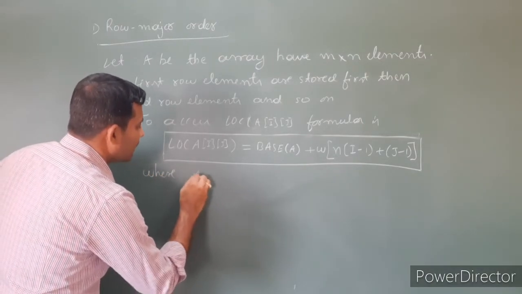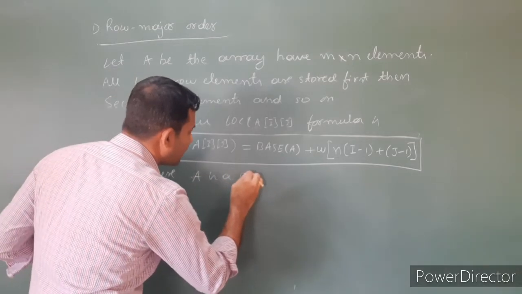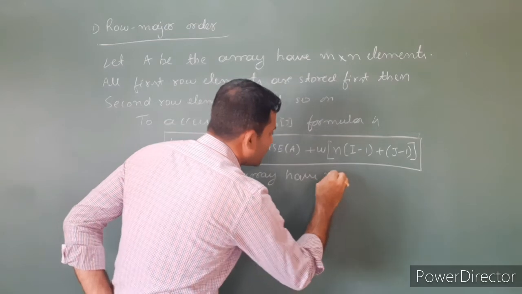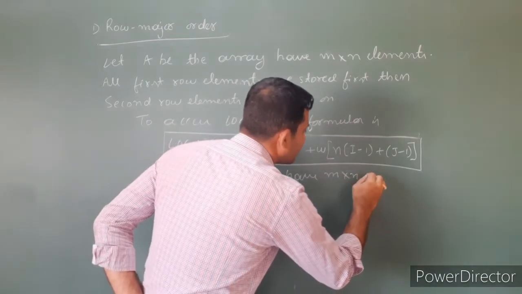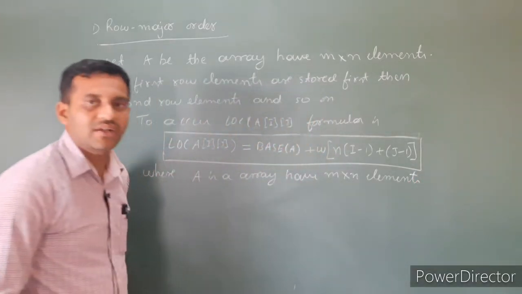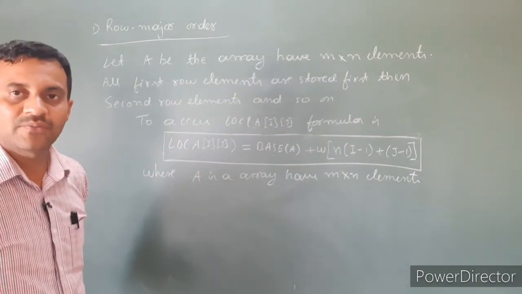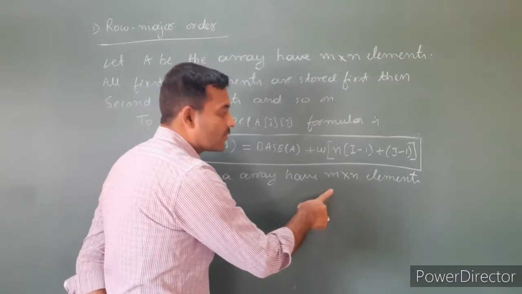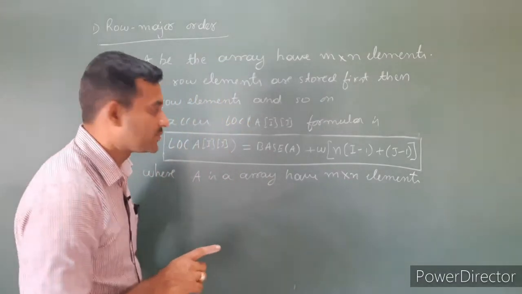Where A is an array having m cross n elements. In the formula, A is the name of the array having m cross n elements, that is, m number of rows and n number of columns.